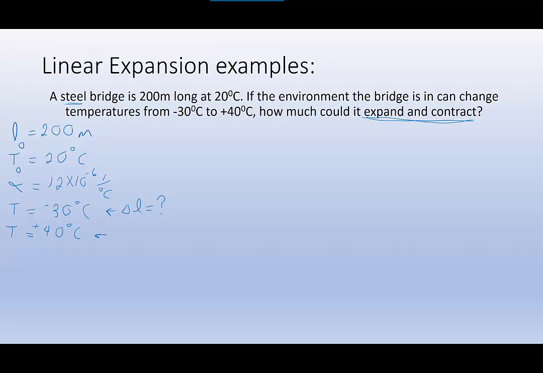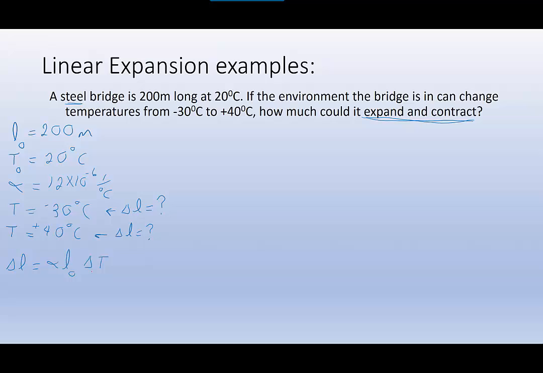And if my final temperature is +40, what is my delta L? The next thing you need to do is write down your equation. The equation that we just talked about on the other page is delta L equals alpha L naught delta T. Remember, the deltas mean change in, so this will give us the change in length. So we have to find alpha, L naught, and delta T in order to solve this.